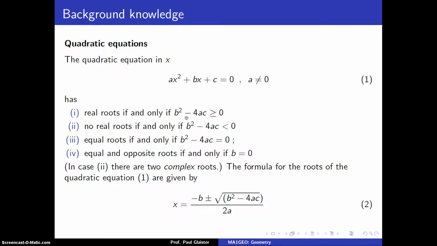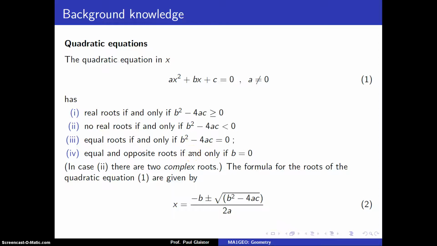There are equal roots if the discriminant b squared minus 4ac is equal to 0, two repeated roots, and if b squared minus 4ac is less than 0, there are no real roots. So in case 1 you have two real roots which might be coincident or distinct. In the second case you've no real roots, and in the third case you have two real identical roots.